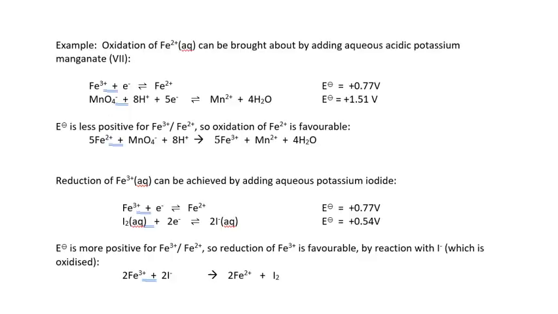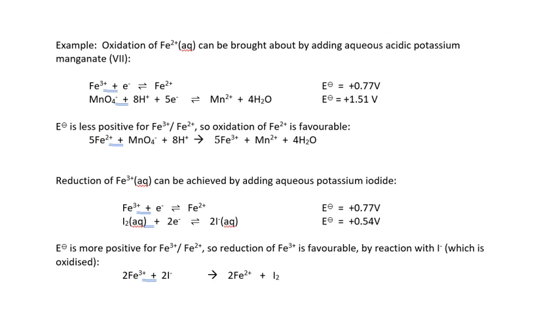So here's just a couple of examples of that, based on the fact that iron typically exists as either Fe2+ or Fe3+ in aqueous solution, and you can switch between them by using particular oxidizing or reducing agents. So here are examples of going in both directions.